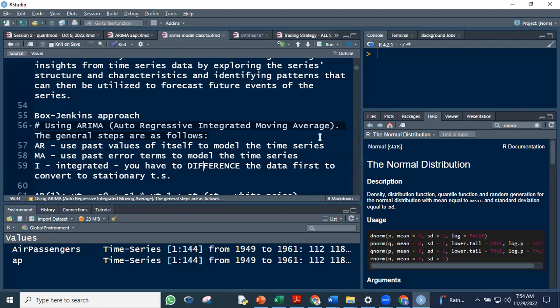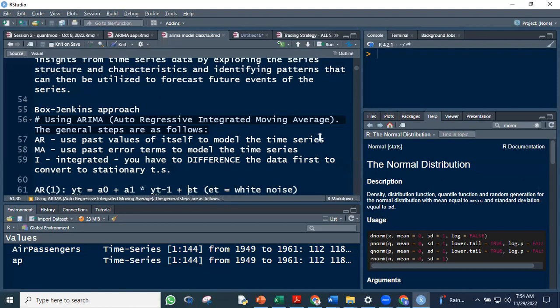And I means integrated. Ibig sabihin, okay, we have to transform the data first before we can use the ARMA method. So I there stands for integrated, which means you have to difference the data. Bakit i-difference? Kasi hindi stationary yung data.